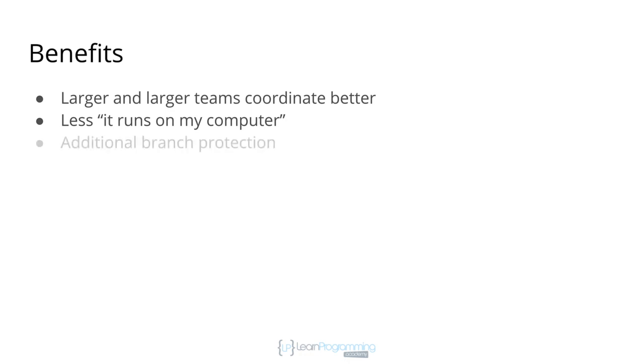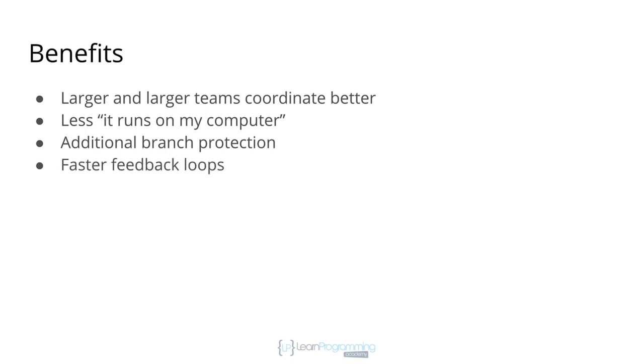And these two in here are enabled by additional branch protection. We already have protected one of our branches, the master branch, with reviews, but with continuous integration, we have additional branch protection in the form of making sure that the code actually builds, and we can even add some tests.